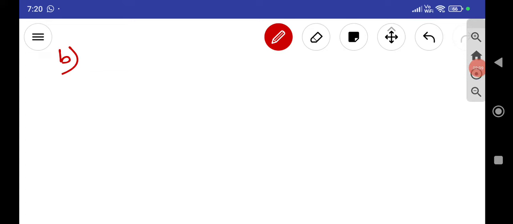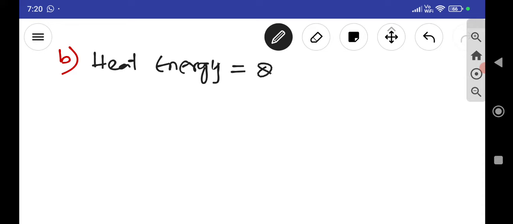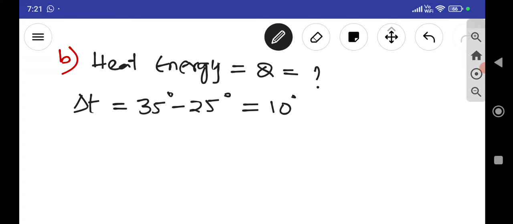Then B, we need to find out the heat energy, so you know that Q must be identified. So heat energy Q, how to find out? They have mentioned delta T. So what is delta T? Final temperature minus initial temperature, which is 10.